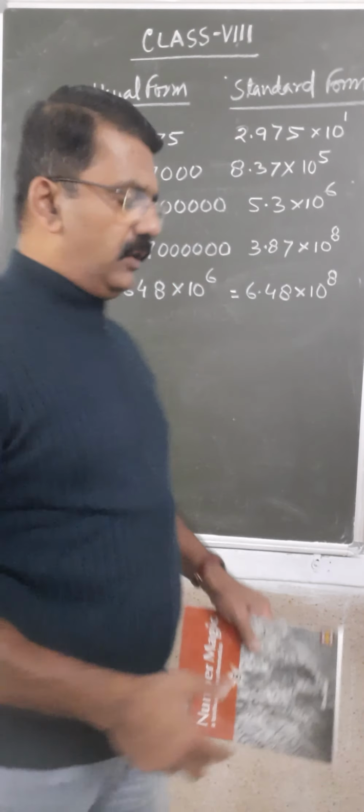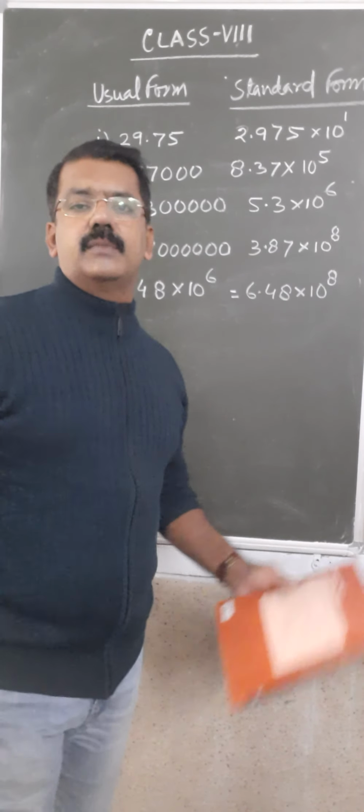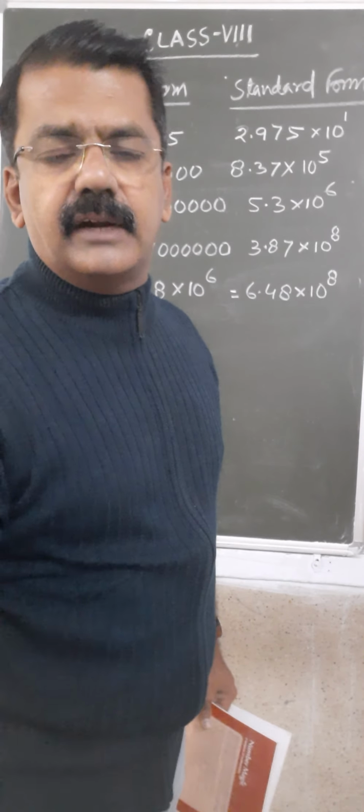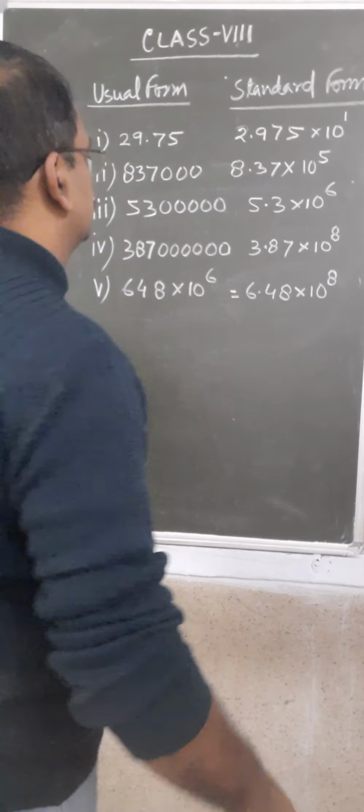Clear? Now in this question, we have converted all the numbers from the usual form to the standard form. Now a few numbers are given in the standard form, and now we have to convert them into usual form.